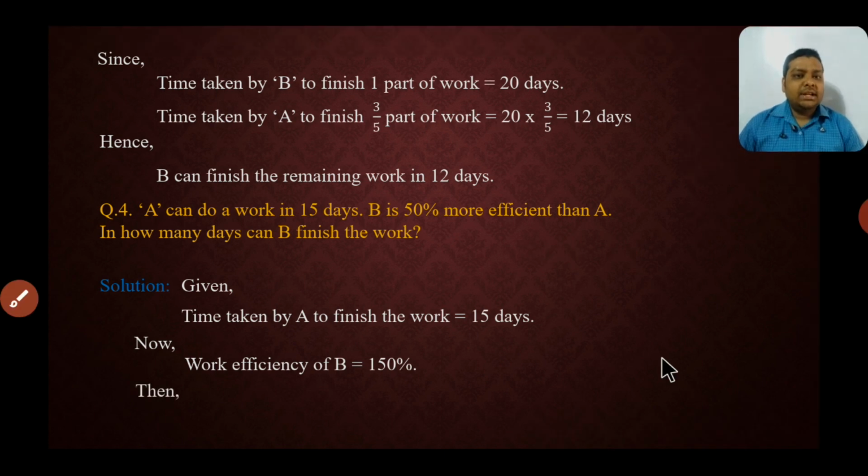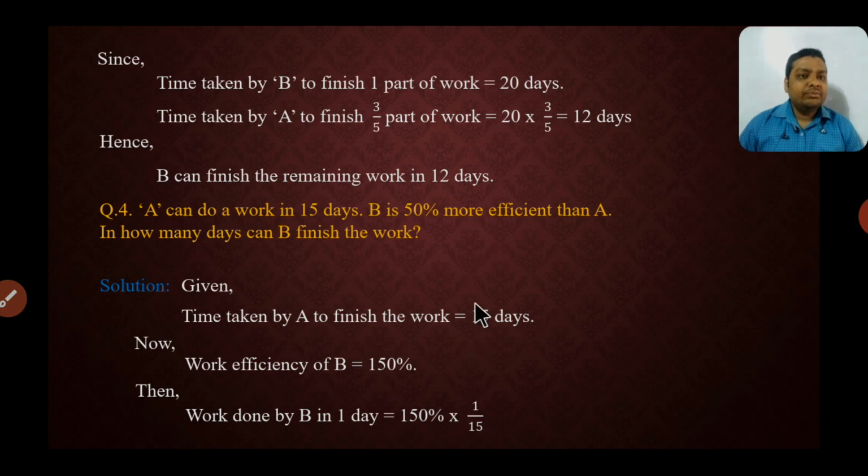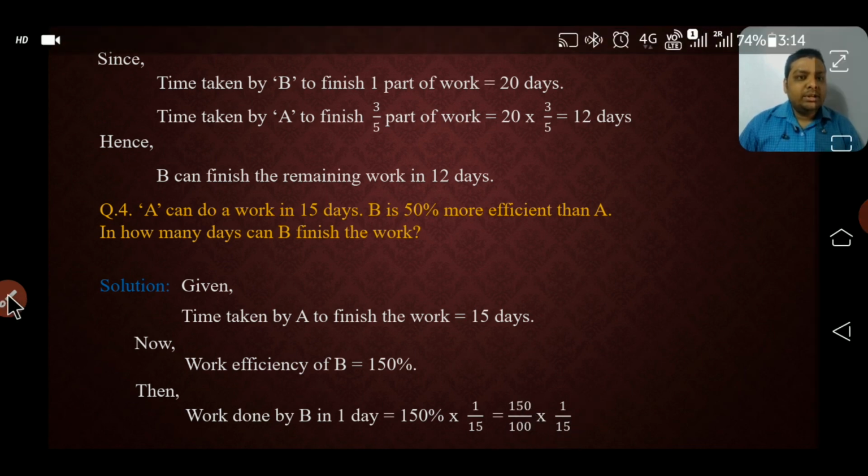So we can say that work done by B in 1 day is 150% of 1 by 15, because work done by A will be 1 by 15. So 150% means 150 by 100 into 1 by 15. Let's solve it.